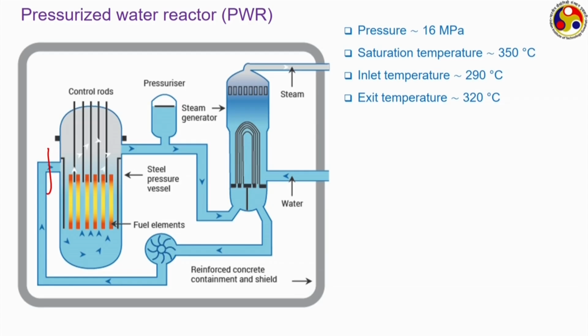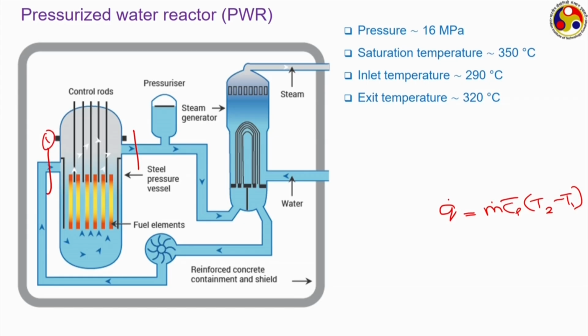Now, if we have some idea about the energy produced in the reactor, that is Q dot, then we can always write an energy balance equation as Q dot = m dot Cp bar (T2 minus T1), where m dot is the mass flow rate of this water coolant, Cp bar is the average specific heat, and T2 is the outlet temperature at this point, whereas T1 is at this particular point.